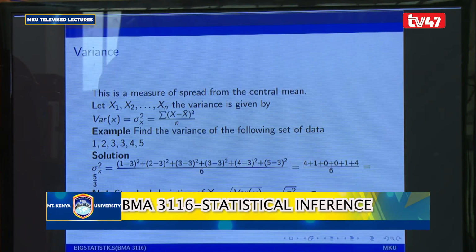Now, let's look at another statistic, that is the variance. Now, the variance is in a category of statistics called measures of dispersion.